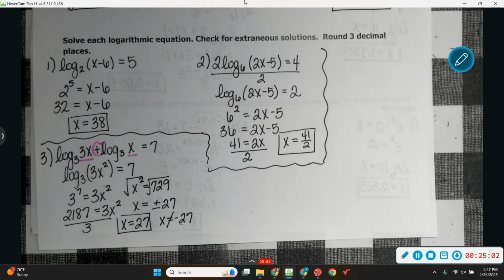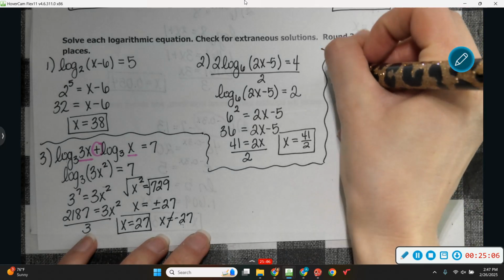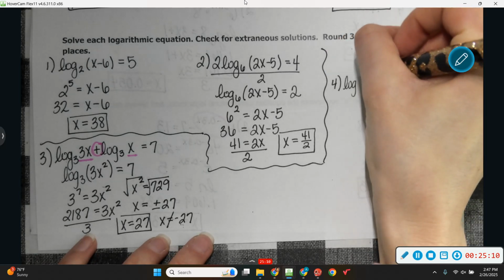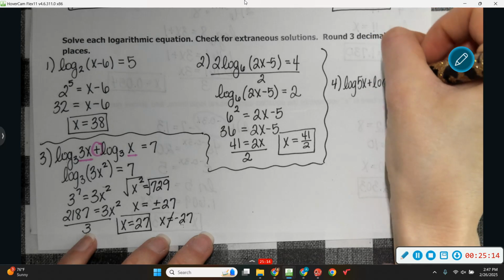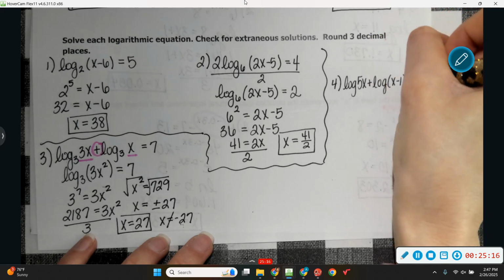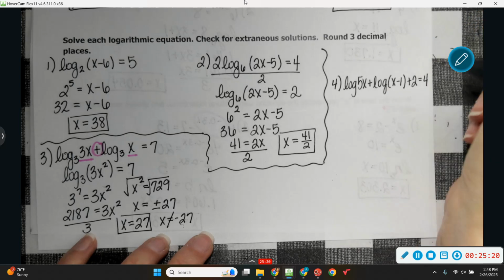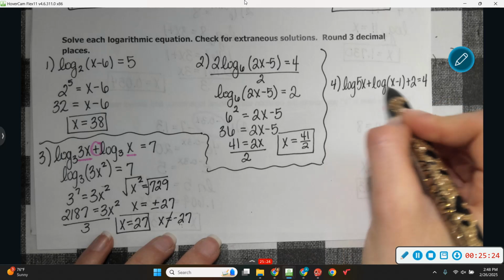Okay. So this next one I'm going to put up here, example 4. I have log of 5x plus log of x minus 1 plus 2 equals 4. So again, I have two logs, I need to condense them.